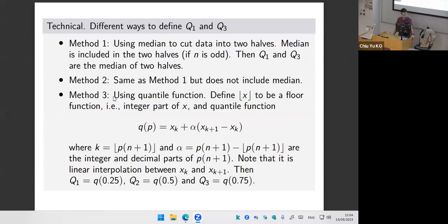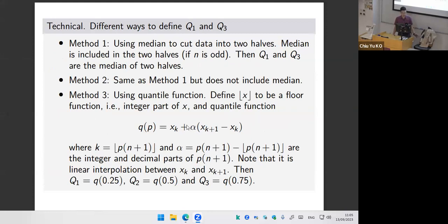So the formula I mentioned is this one. I'm pretty sure this looks crazy to you, but it's exactly what I'm saying. The percentile position is the percentage times n plus 1, and you take the integer part, the floor function, and then do the same thing with the decimal part.